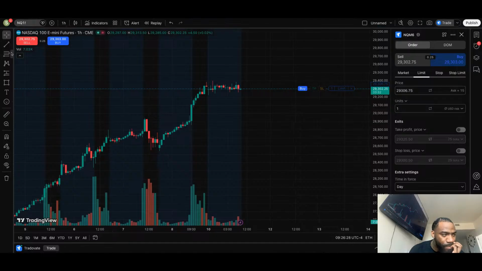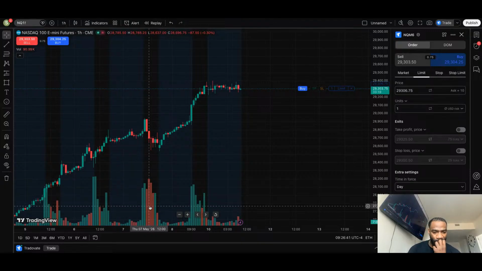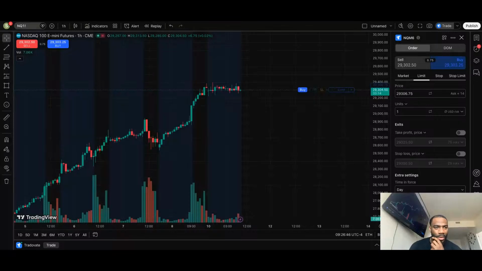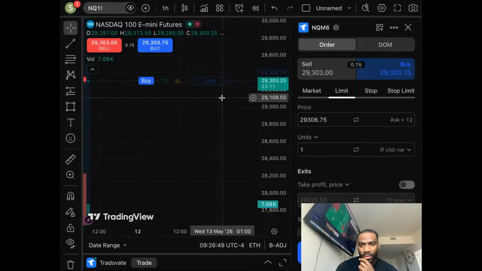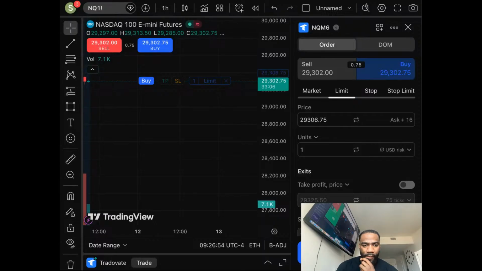I'm just gonna fill like this so you can see. I want to be able to see the comments while I'm going. You can put it close to the side.